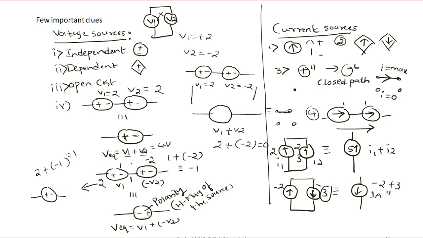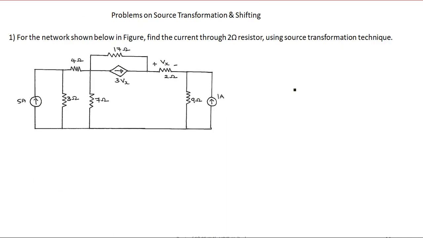Okay. So already I have floated a few questions here, and I have asked you to note down these questions, right? So for the first question, the condition given is: for the given network, you need to find the current through the 2 ohm resistor. So we are interested in finding the current through this 2 ohm resistor.